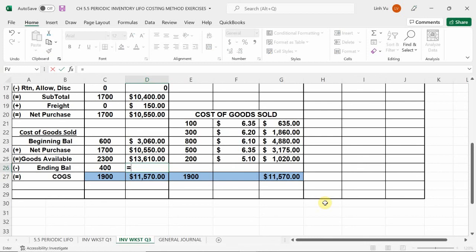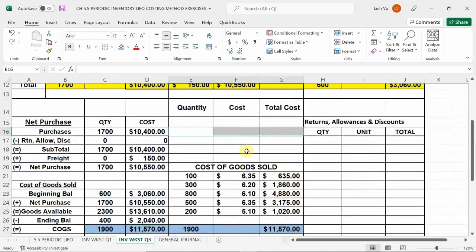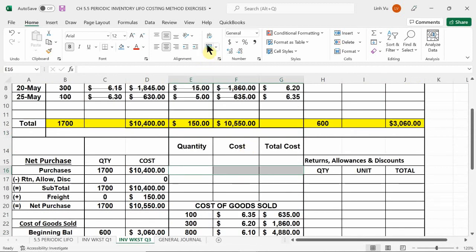And how do you solve for your ending balance? You could take your goods available minus your total cost of goods sold to get you 2,040. Or if you already figured it out from the very beginning, you know you are going to be selling your inventory from bottom to top, and your ending balance is 400 units.